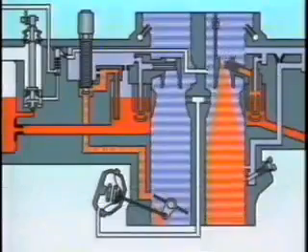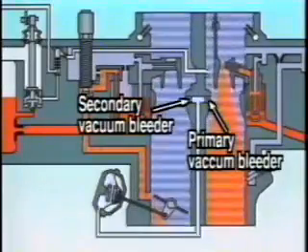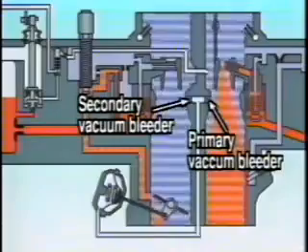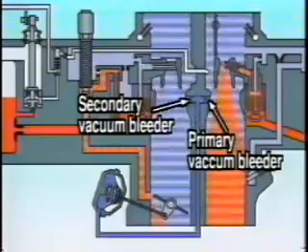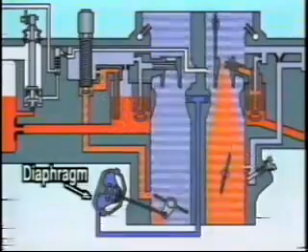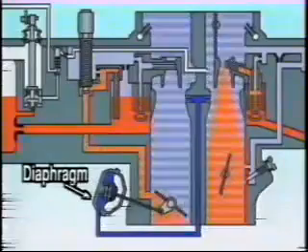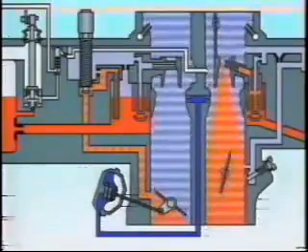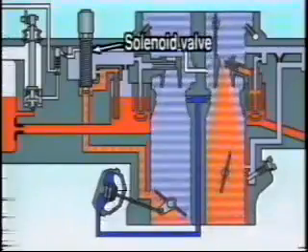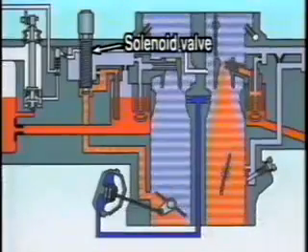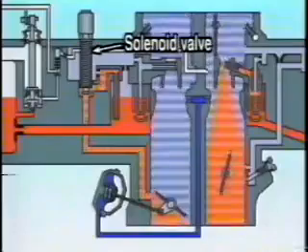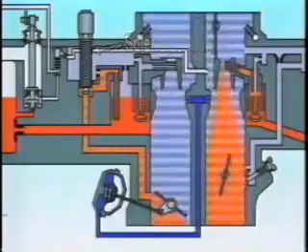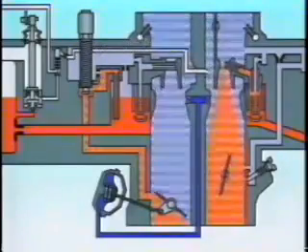When this happens, the vacuum bleeder, which is part of the venturi, produces a vacuum which opens the secondary throttle valve. When the engine RPM rises, the pressure from the vacuum bleeder overcomes the diaphragm spring, which in turn causes the secondary throttle to slowly open. The secondary low-speed circuit, like the primary low-speed circuit, uses a solenoid, so that when the ignition switch is off, the route is closed off.